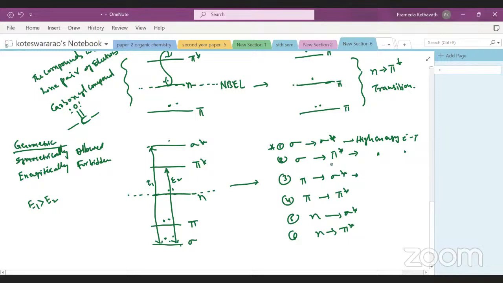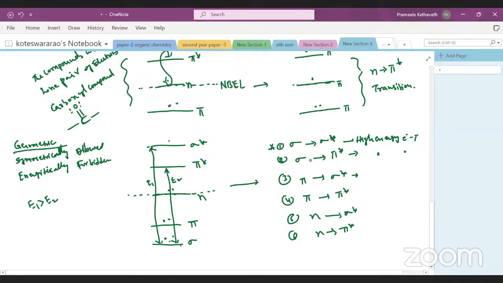The second thing is that these two have different symmetries. What is the symmetry? Generally, orbital symmetry is expressed in the terminology gerade and ungerade. Gerade likes gerade, and ungerade likes ungerade. Therefore, the electron transition involves gerade to gerade, ungerade to ungerade.